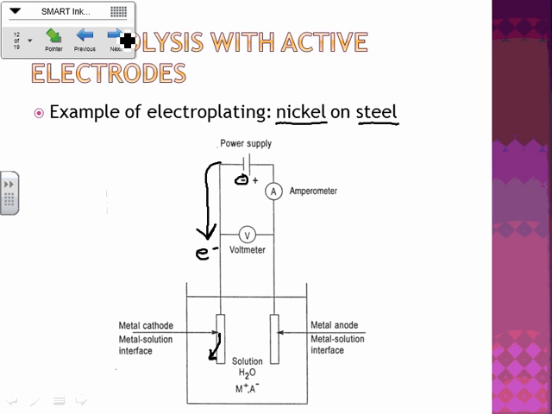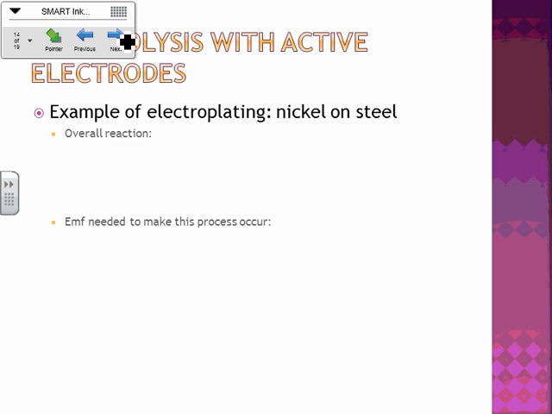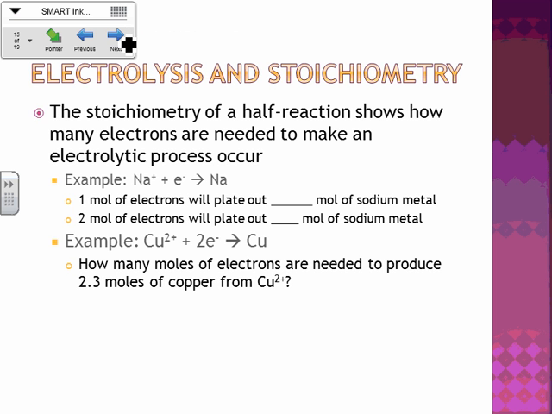So that's where the nickel is going to be reduced, and it would plate out onto this one, okay? And so that's kind of the idea of how that works. But again, I'm not going to worry too much about the possible reactions, the cathode, the overall reaction, and the EMF needed. What we really need to talk about here is electrolysis and stoichiometry, okay?